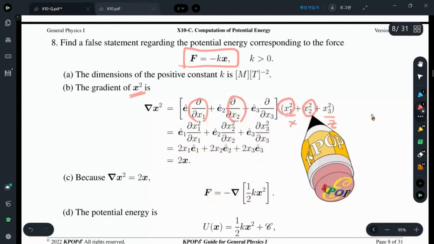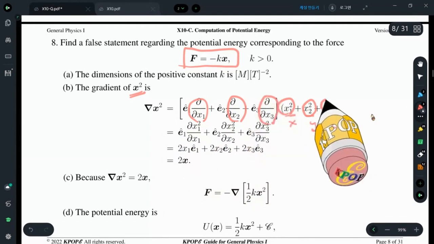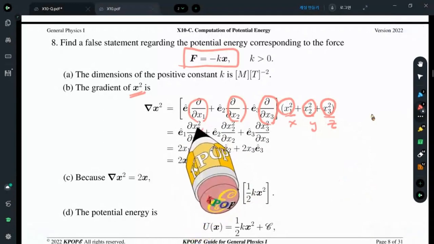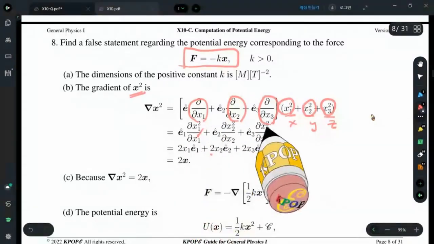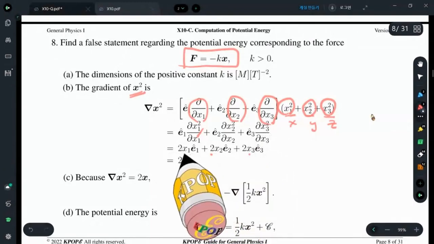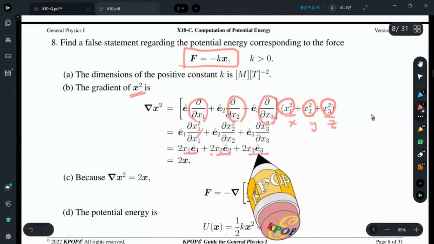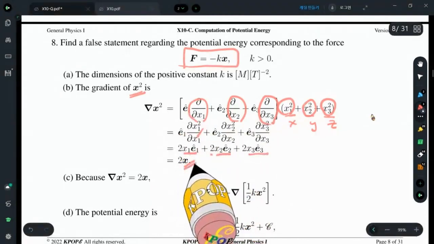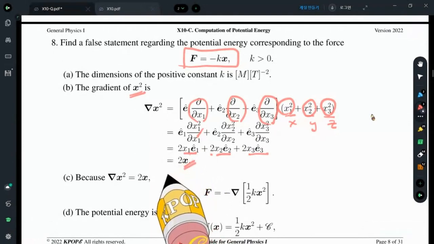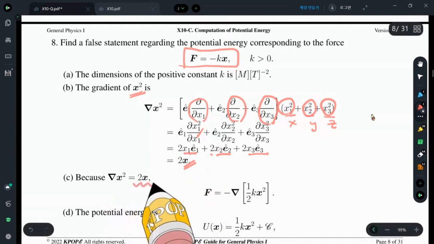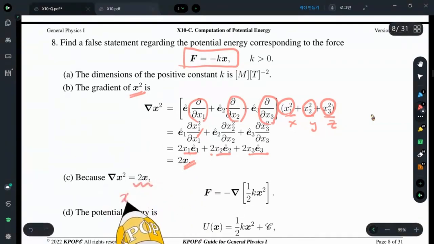This one collects the second term only, and this one collects the third term only, and they are 2 times x1, 2 times x2, 2 times x3. So if we multiply this one by these unit vectors, what you can get is just x vector multiplied by 2. So gradient of x squared is simply 2 times x. Therefore, x vector is just 1/2 of a gradient of x squared.